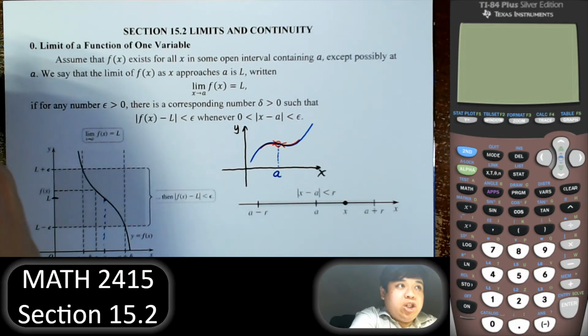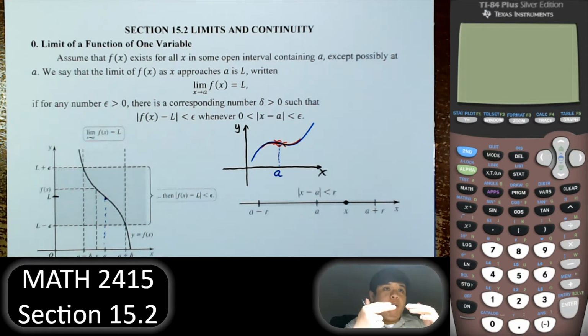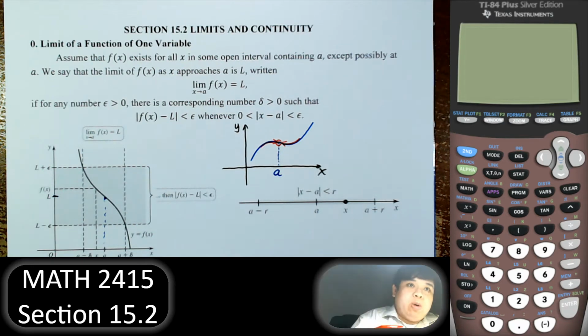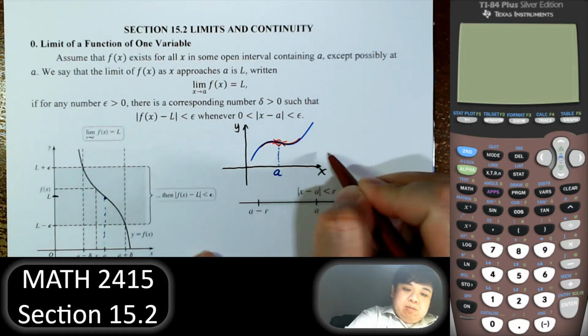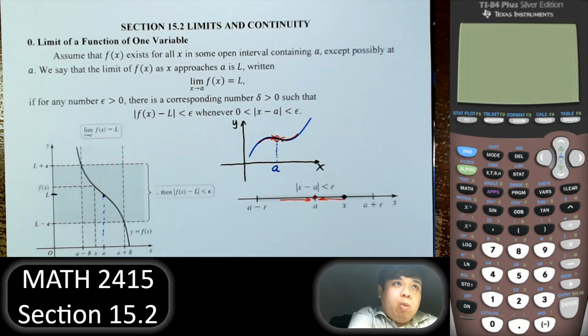Remember, this is the definition for one variable, meaning one dimension. So we can only approach the point from the left and from the right, as there's no other option, right?